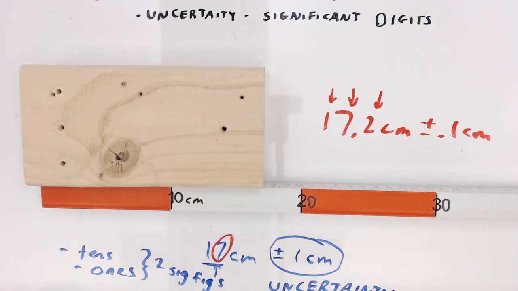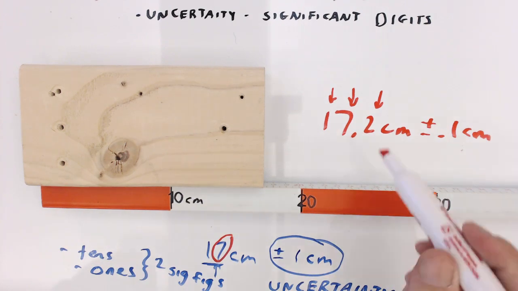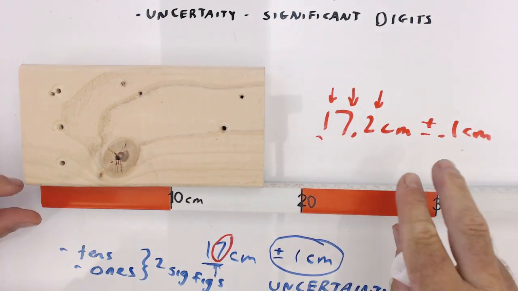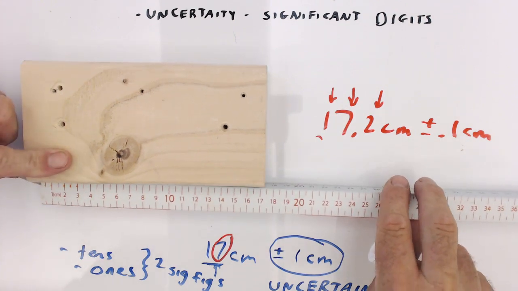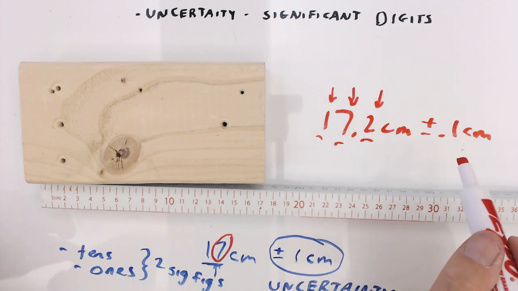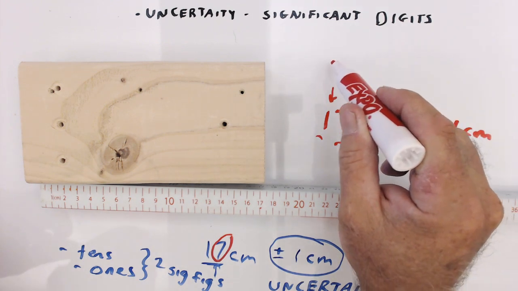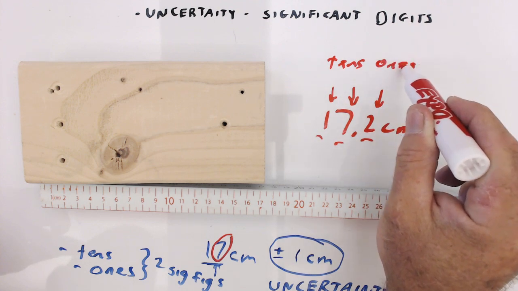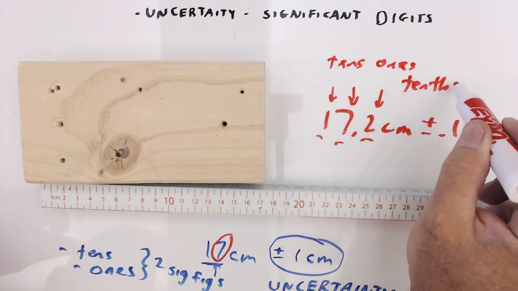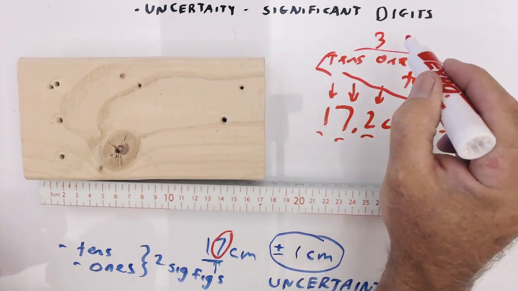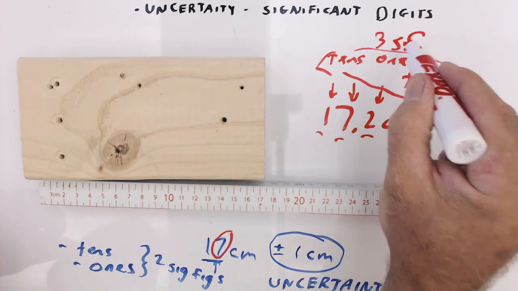In this measurement, I knew the tens place for certain. This one I knew the ones place for certain, if you recall, and I guessed the tenths place. That means I knew the tens, the ones, and the tenths, or 3 decimal places, and so we would say 3 significant figures.